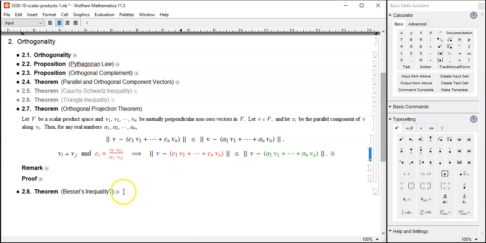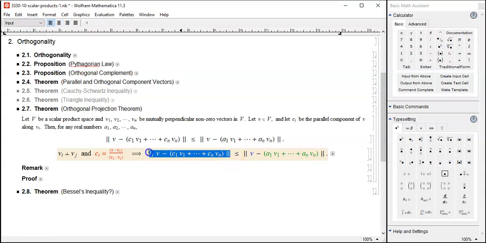So basically what we want is to prove that this orthogonal component is the smallest, or that this parallel component here is the best approximation of V because the difference is the smallest, right? So consider this kind of situation. V is an infinite dimensional vector that I want to approximate with 10 dimensions.